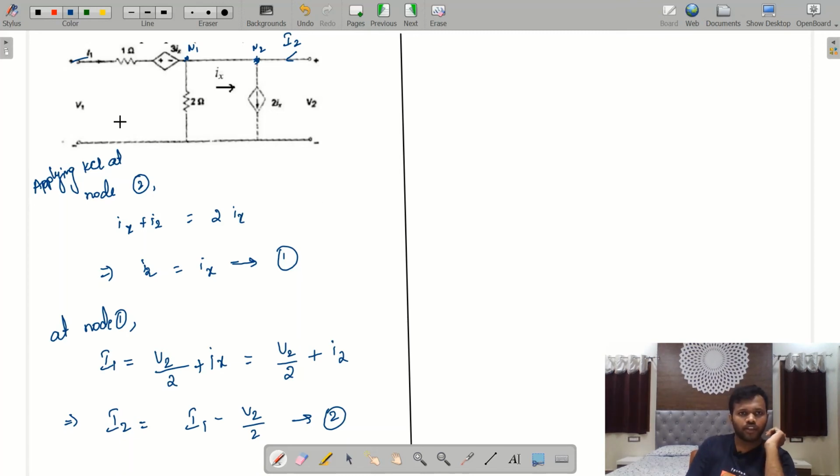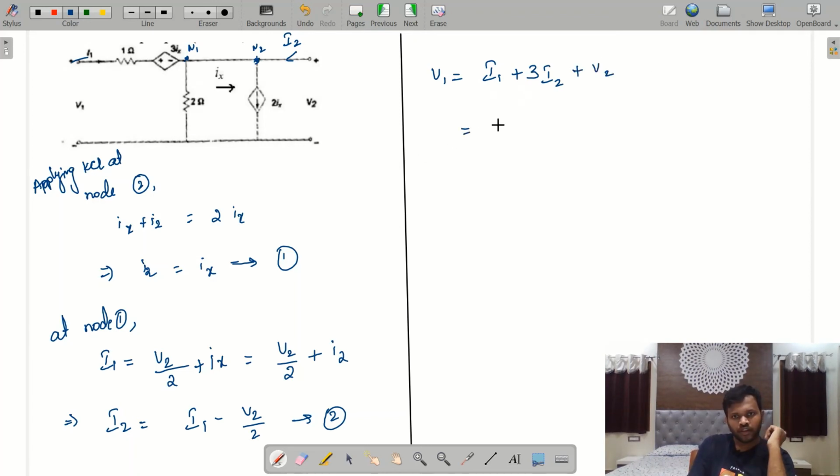Now, by applying KVL in the outer loop, V1 equal to, what is the voltage across this 1 ohm? I1 times the current flowing through this 1 ohm, which is I1 plus 3 into Ix. But what is the Ix value? I2. So 3 into I2 plus V2.